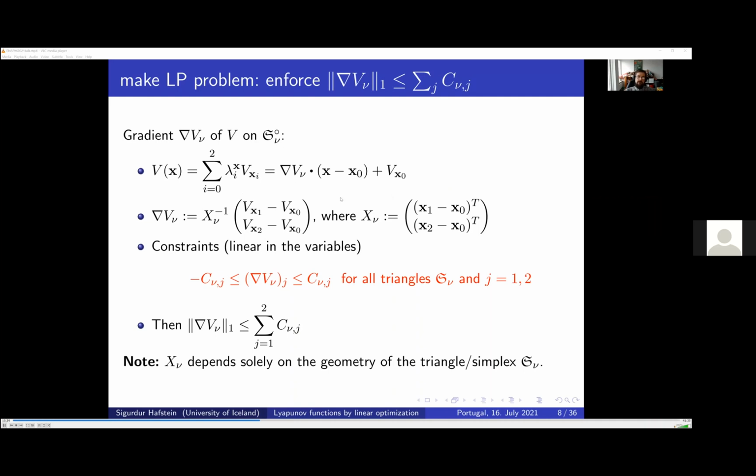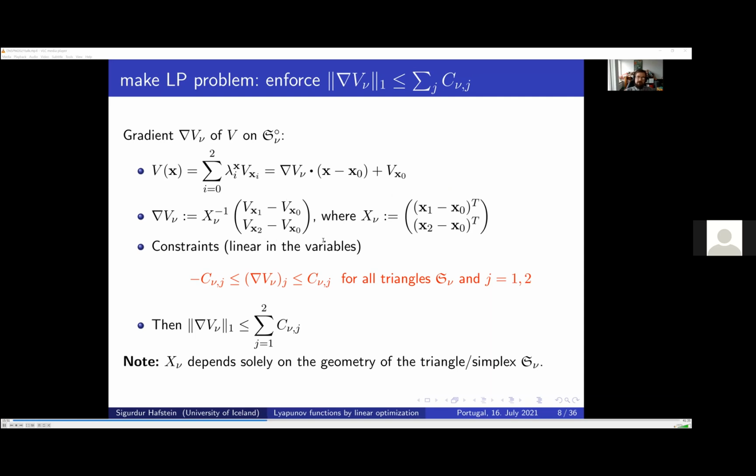we could call nabla v_nu, dot product with x minus x0, basically just pick one vertex of the triangle, and then plus v at x0. And the formula for this nabla v_nu is then given by a matrix times a vector where the components of the vector are v(x1) minus v(x0), v(x2) minus v(x0).